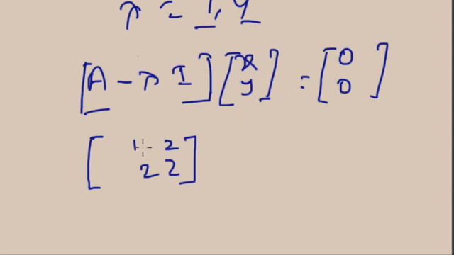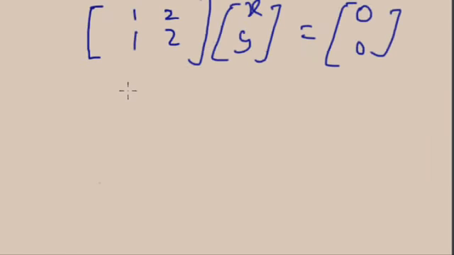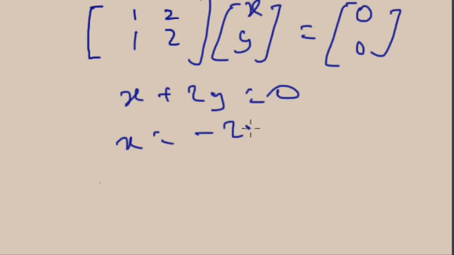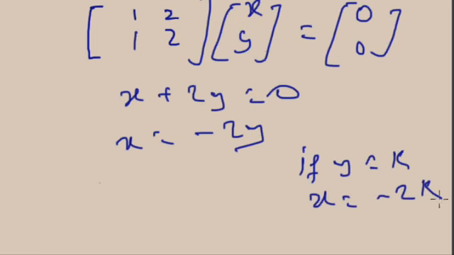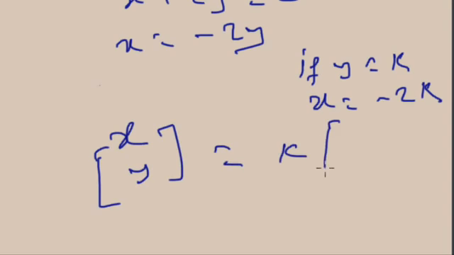So A minus lambda I is this, times (x, y) equal to (0, 0). Solving the first equation, x plus 2y is equal to 0. This means x is equal to minus 2y. Suppose y is equal to k, then x will be minus 2k. So (x, y) is equal to k times (minus 2, 1).